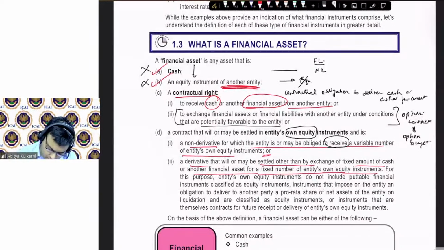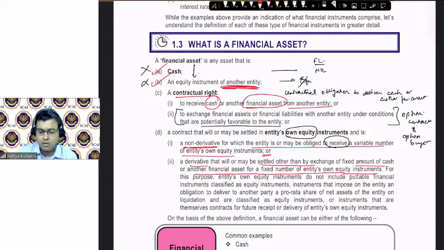Okay. So a non-derivative for which the entity is or may be obliged, a contract that will be settled in the entity's own equity instruments, is a non-derivative. I'm actually getting an asset and issuing shares. It's not happening in the future.